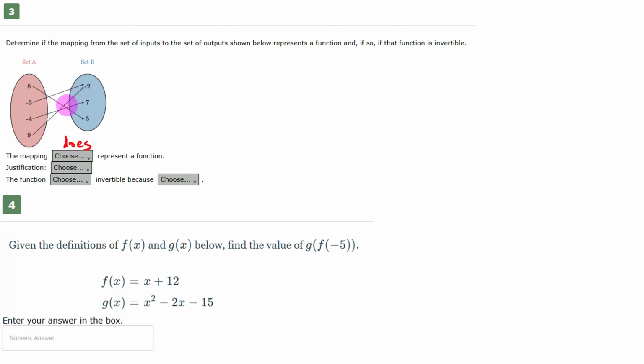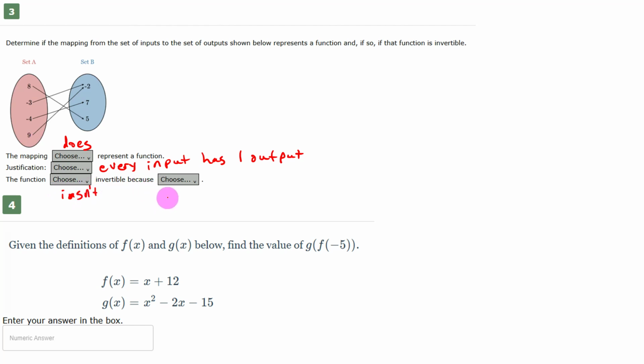There's only one arrow coming off everything in set A because every input has exactly one output. Now, is it invertible? Basically, the reverse needs to be true: every output should only come from one input. So no, 2 comes from both negative 3 and 9.